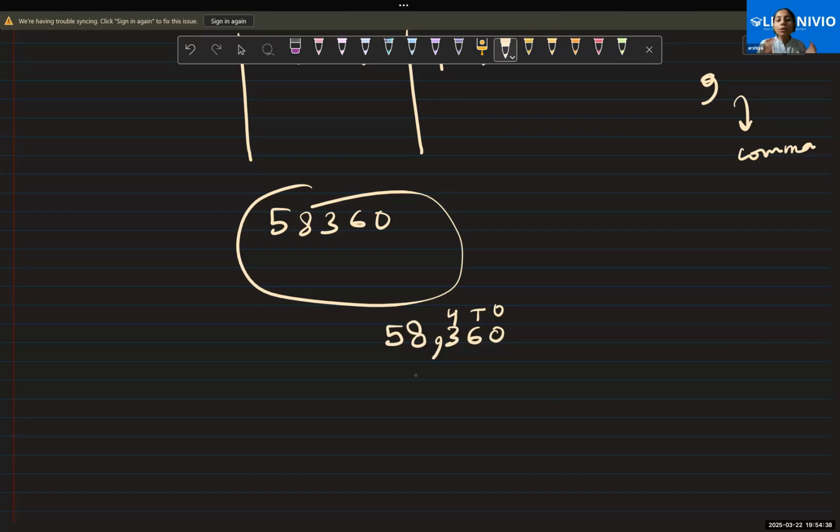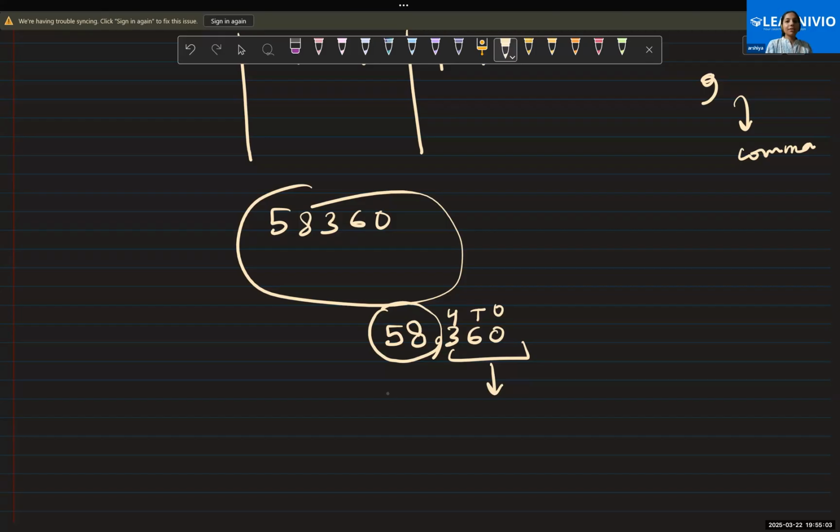Now you know that the number is divided into two parts. Here there are three digits, so it's 360, because you can easily interpret it as hundreds, tens, and ones. And here you know that these two digits will be of the thousands. Does that make a little sense?